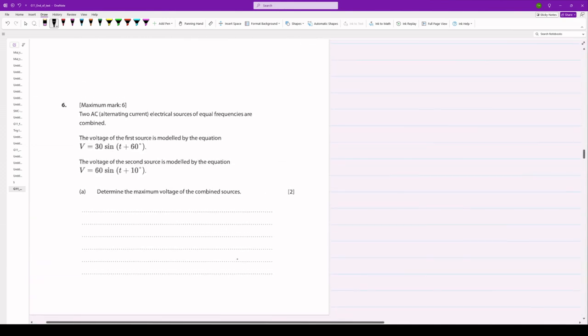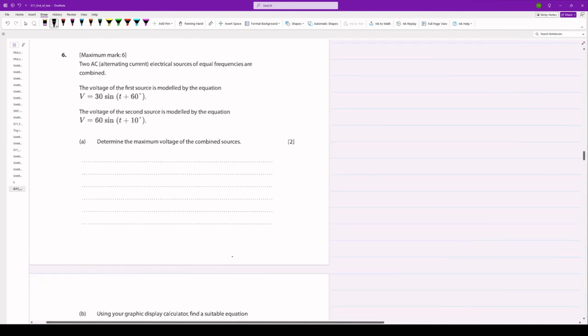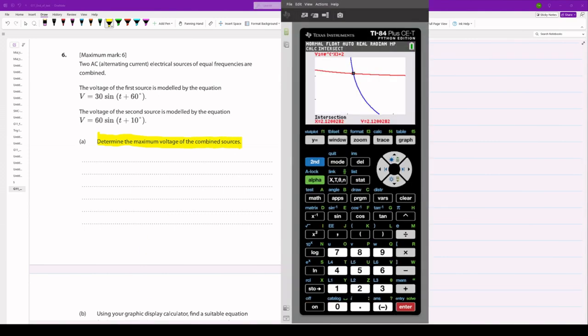Next up, this was basically a graphing question. Determine the maximum voltage of the two sources. Use your calculator. We're allowed to use our calculators, so let's just do that. There is some very complicated maths that we could do to find the maximum, but let's not bother. Let's just use our calculators.